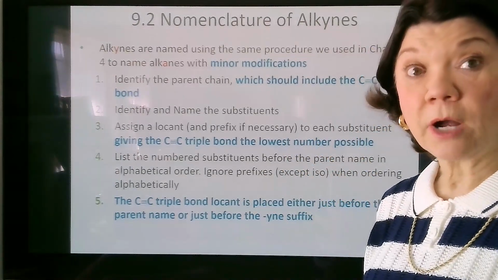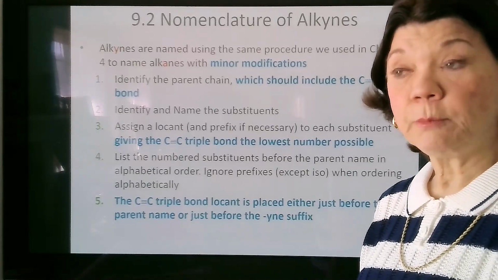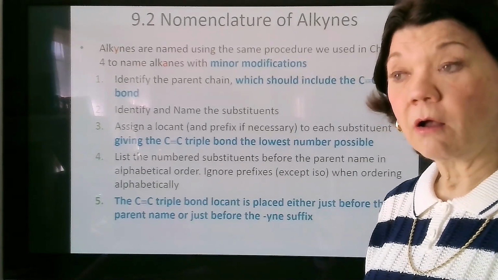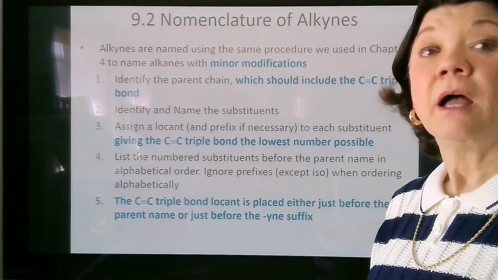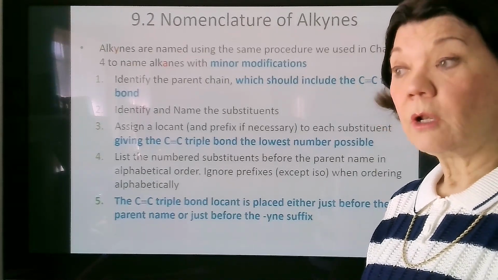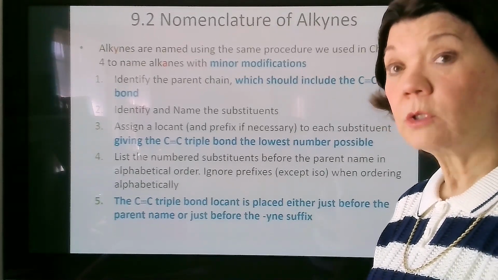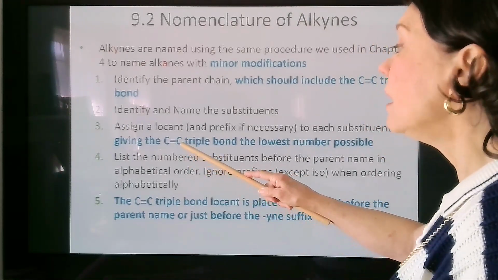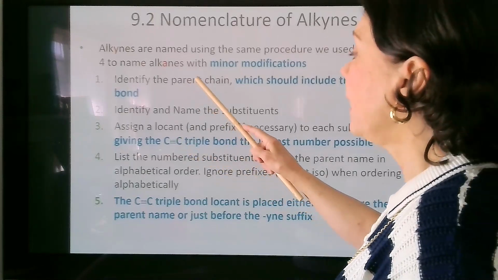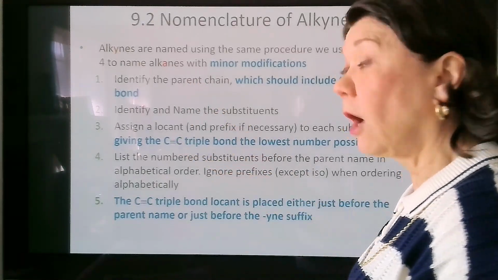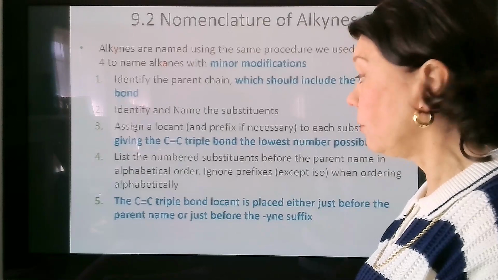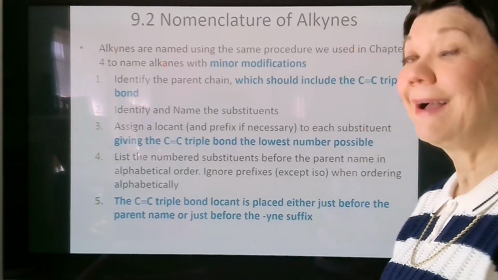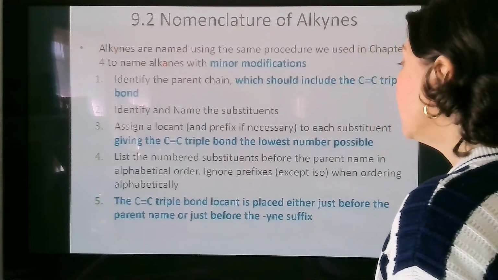If it were an alcohol, you would give the hydroxyl group the lowest number possible. But here we will number the parent chain in a way to give the carbon-carbon triple bond the lowest number, because the ones that we look at, the carbon-carbon triple bond, is going to be the highest priority functional group.